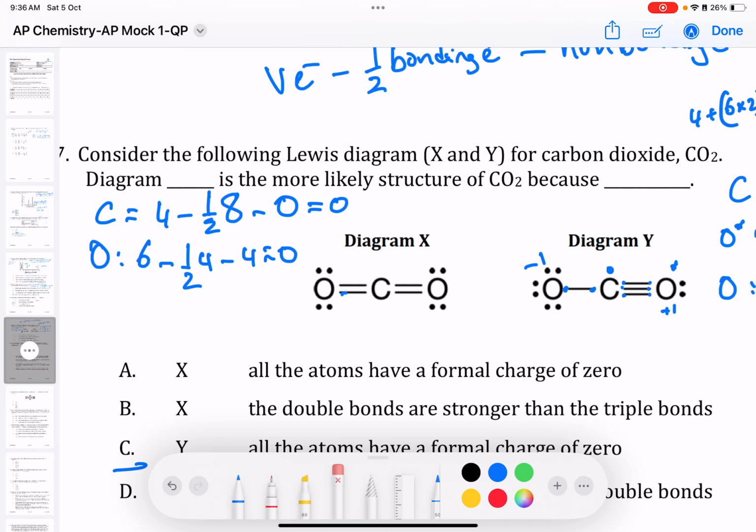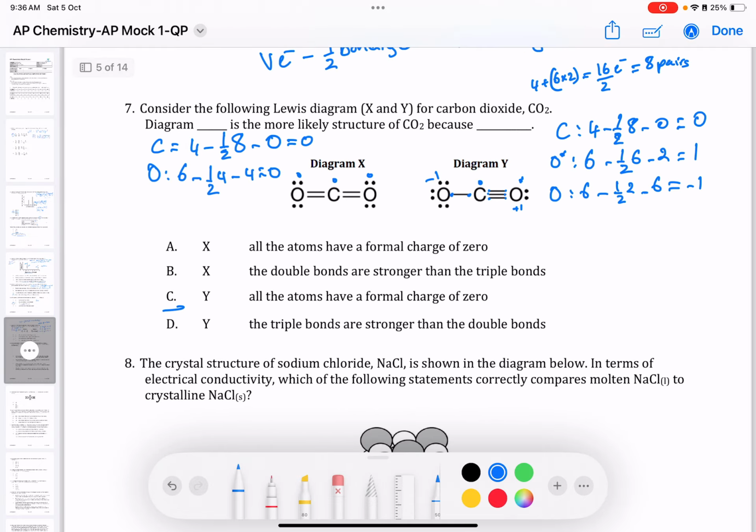So this is the most stable Lewis structure of CO2 because all the atoms have 0 formal charge. No, wait, it is X, sorry. This is X because all of them have a 0 formal charge.